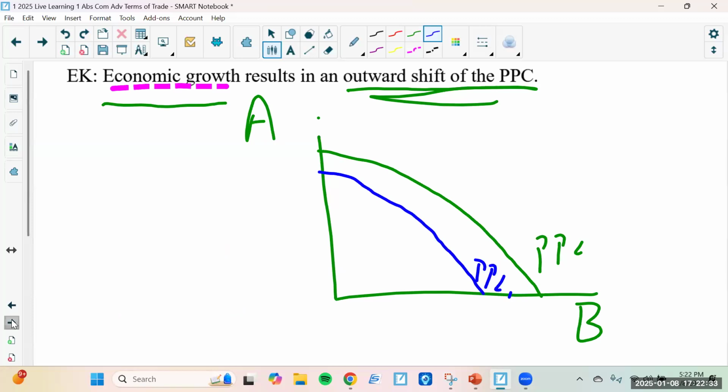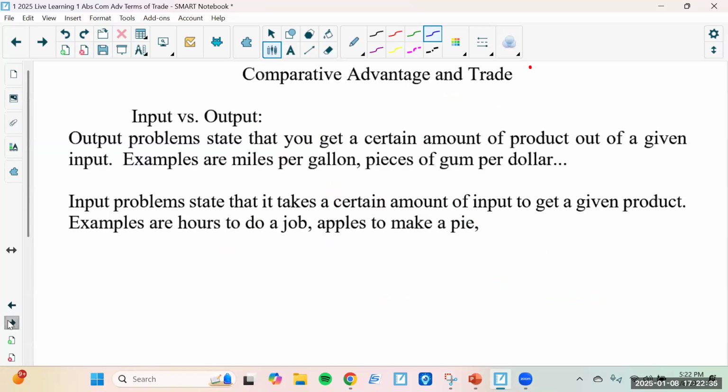Okay. New topic. Comparative advantage in trade. What we're going to do here is put some math to this to show why different people, countries, states, and companies produce what they produce.